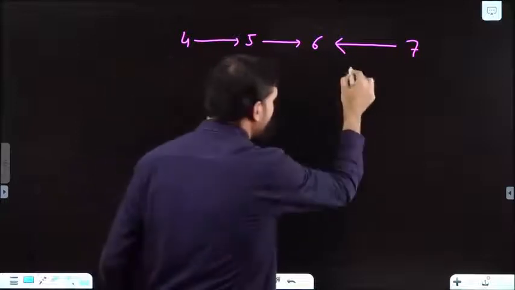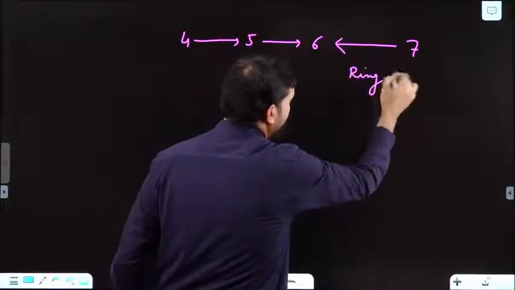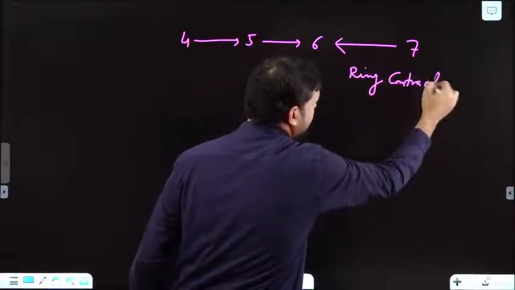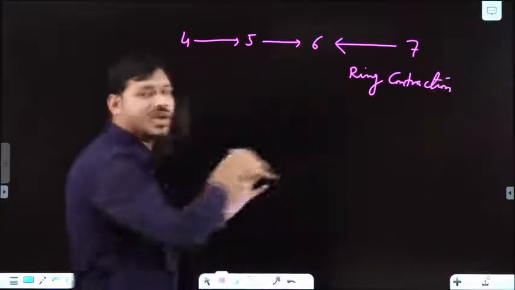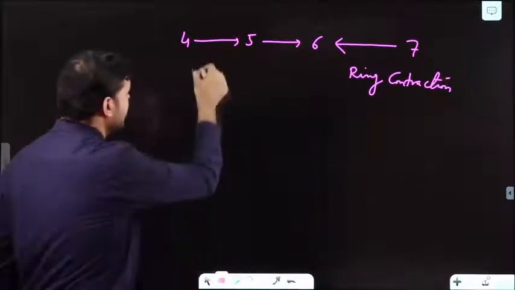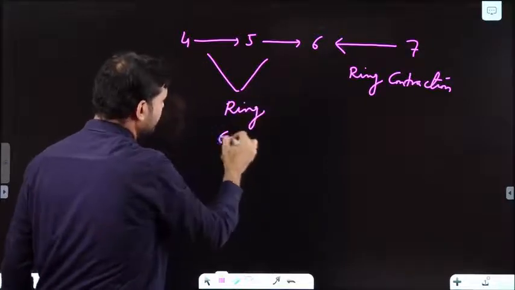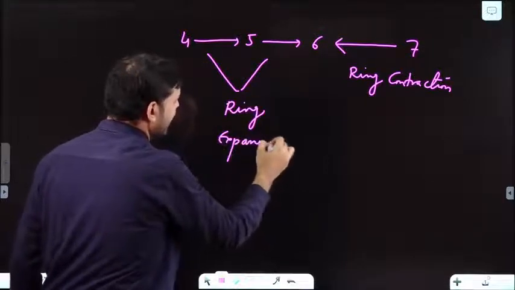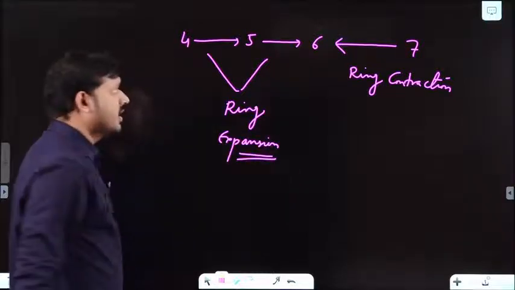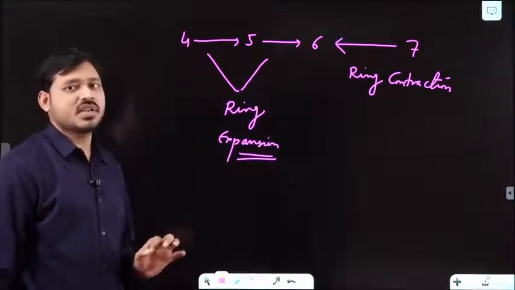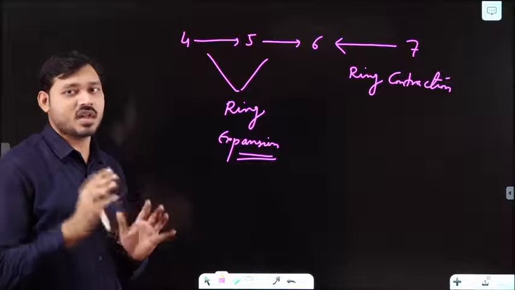So this is your ring contraction. Why? Again to attain stability. And this part is your ring expansion. There are very few cases of ring contraction which are found or studied in organic chemistry.